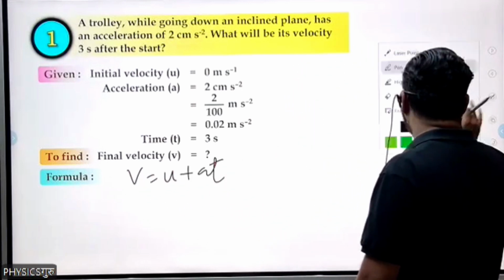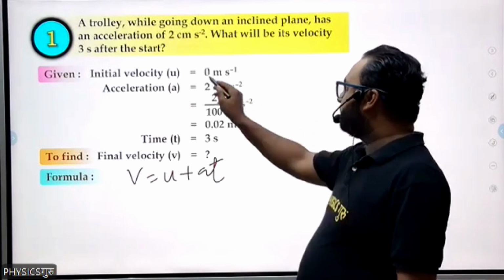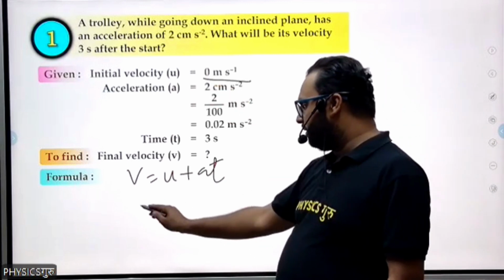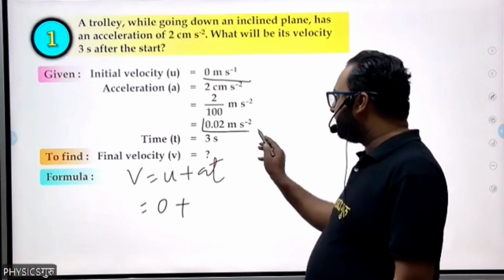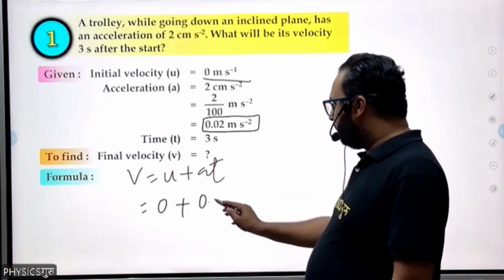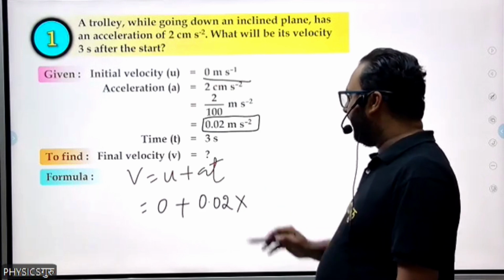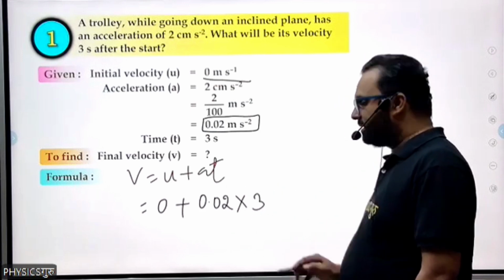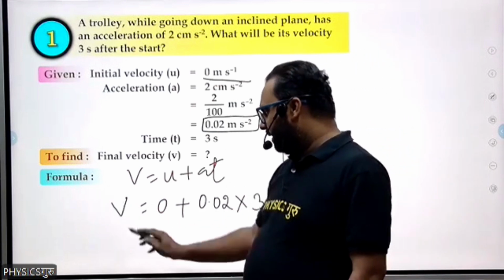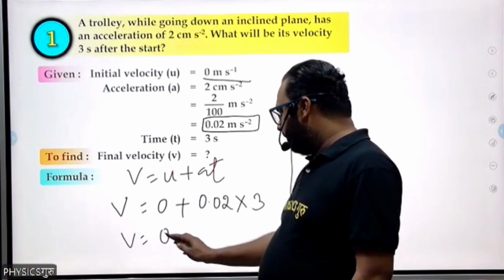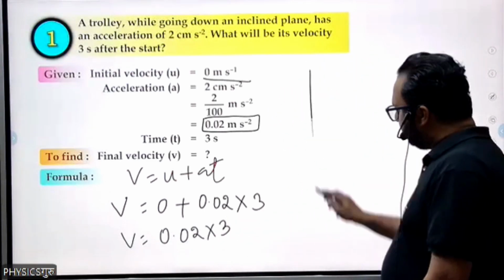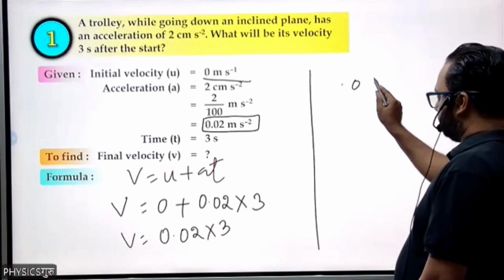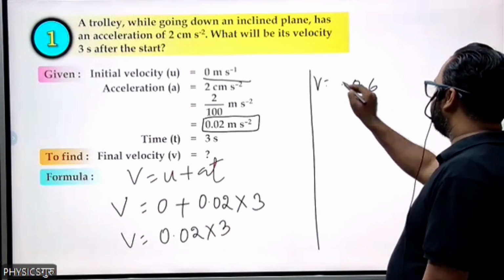The value of u is 0 meter per second. Substituting, v is equal to 0 plus 0.02 into 3 seconds. So v is 0.06 meter per second.